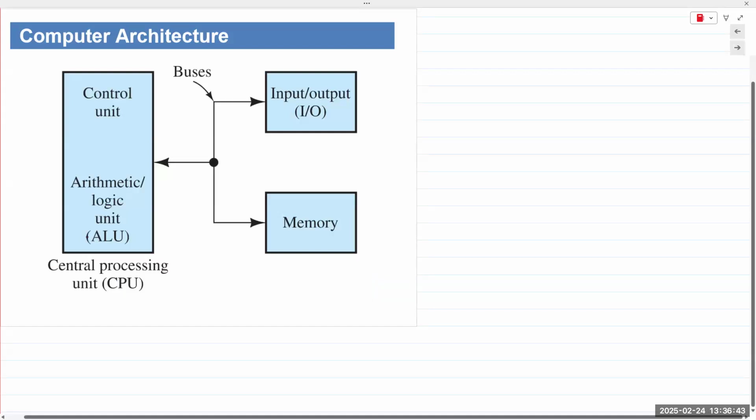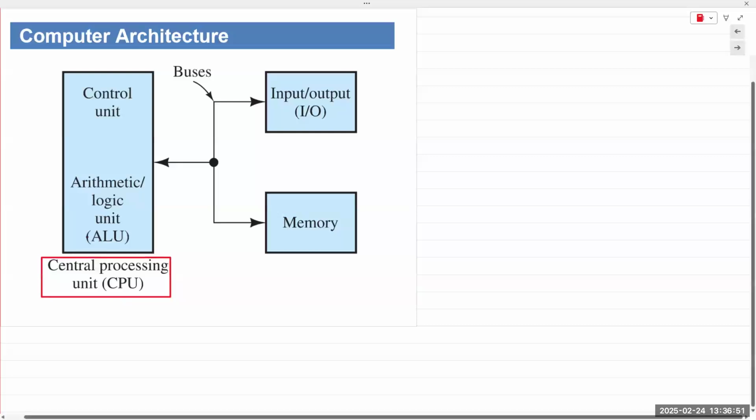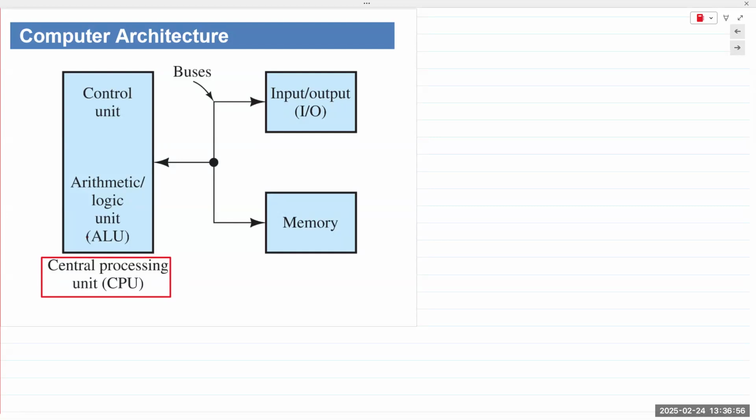All right, computer architecture comprises a central processing unit. The central processing unit itself comprises something known as the ALU, arithmetic logic unit. And the ALU is basically a circuit created from logic gates and flip-flops to implement arithmetic and mathematical functions.